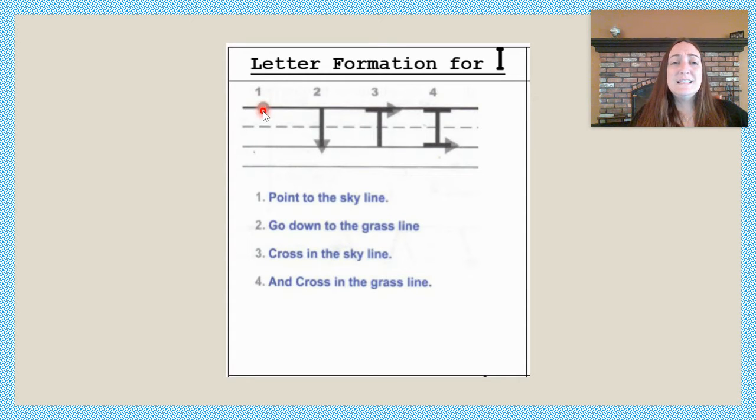Then we go down to the grass line, cross on the skyline, and then cross on the grass line.